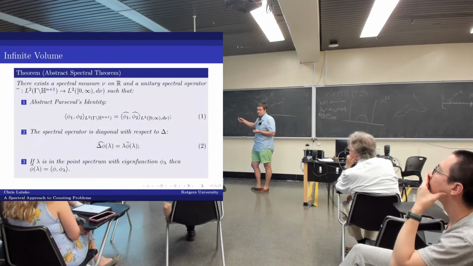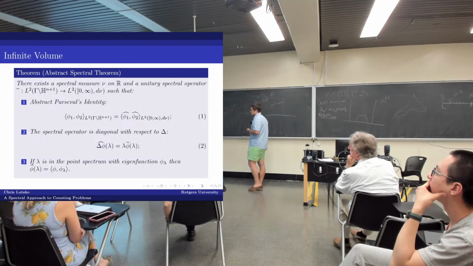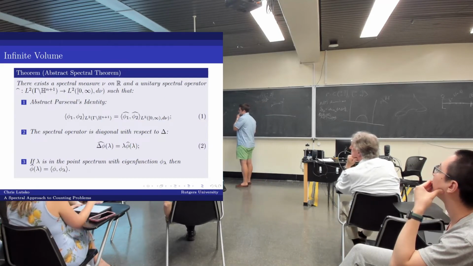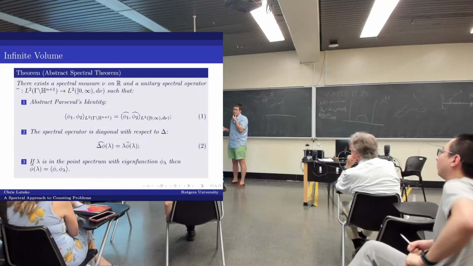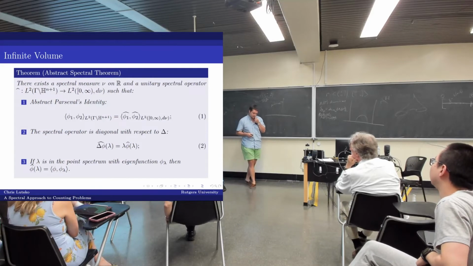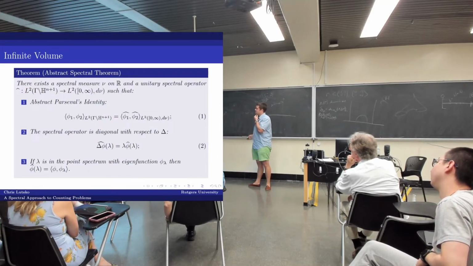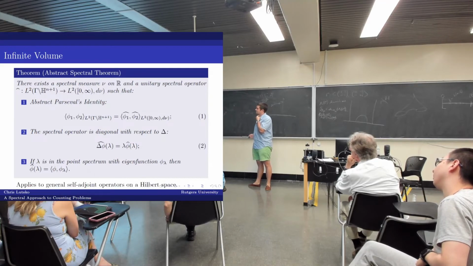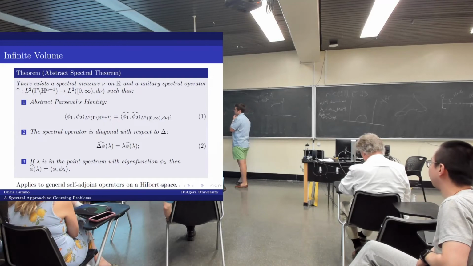This applies to general self-adjoint operators acting on an abstract Hilbert space. You can read about this in Brezis's book on functional analysis. I'm not sure who to attribute this to. And it turns out this is all you need.